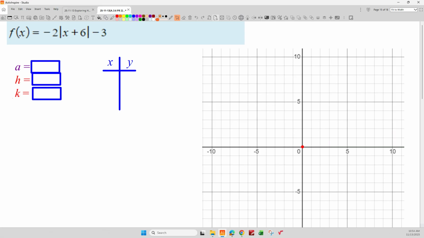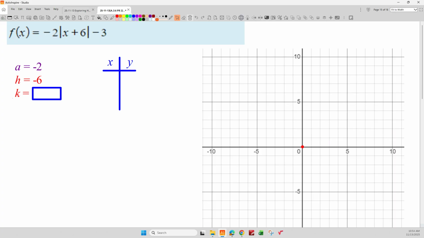Okay. Show me with your fingers what's A. Okay, good. I'm seeing negative 2s. I like it. What's H? That's a tough one. Yeah, hard to do. Negative 6. Oh, I like that. That was good. Okay. Negative 6.